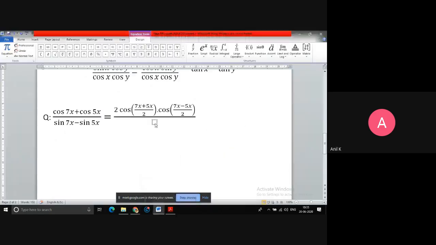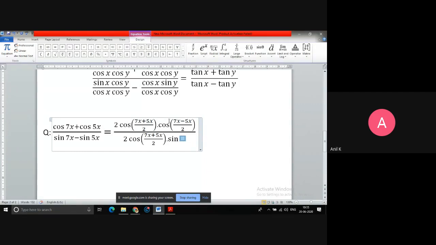So according to the formula, this will be 2 cos (7x plus 5x) by 2 multiplied by sin (7x minus 5x) by 2.